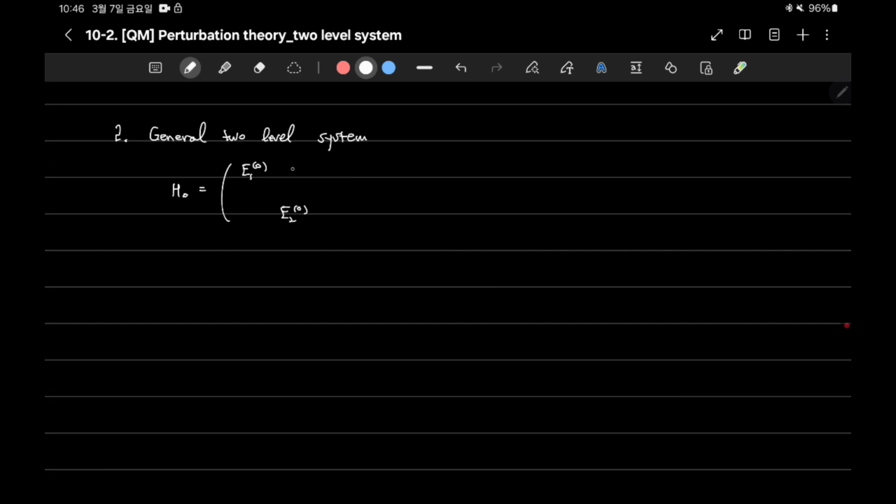Here 1, 2 means the first state and the second state, and H prime is the perturbed Hamiltonian. The perturbed Hamiltonian can have the general expression H11 prime, H12 prime, H21 prime, H22 prime. It is a general 2 by 2 matrix.